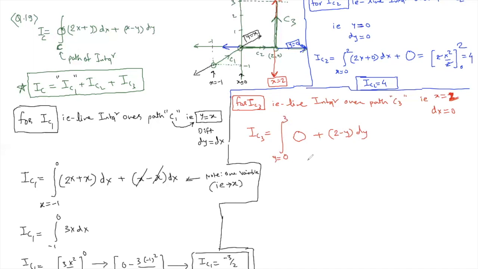Perfect. So you get 2y minus y squared over 2, going from 0 to 3. That's 6 minus 9 over 2, which is 12 minus 9 over 2, that is 3 over 2.